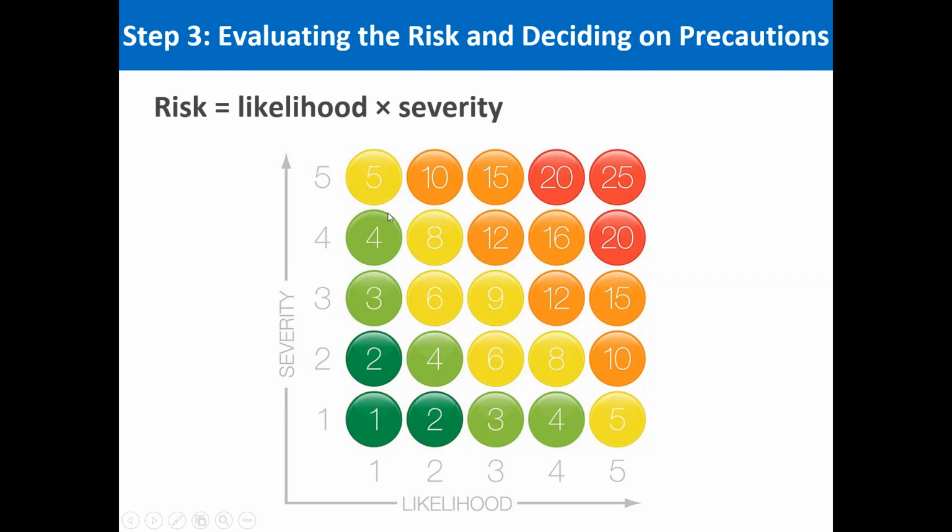Now, what will happen to you if you have a driving accident? What is the worst possible outcome of a driving accident? Of course, you can die in a driving accident. So severity of driving is also 5. This is the worst possible outcome.